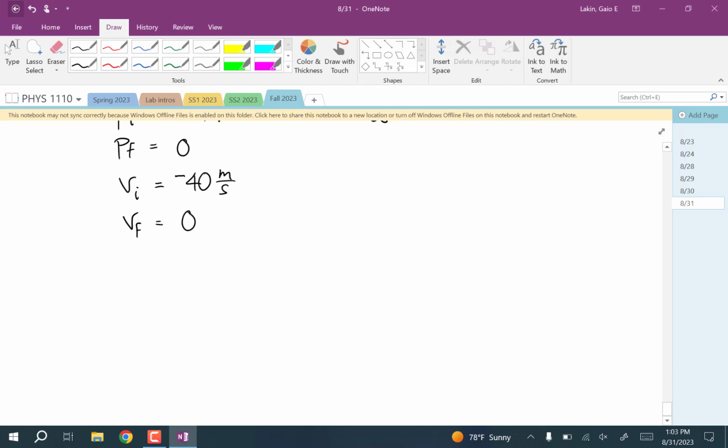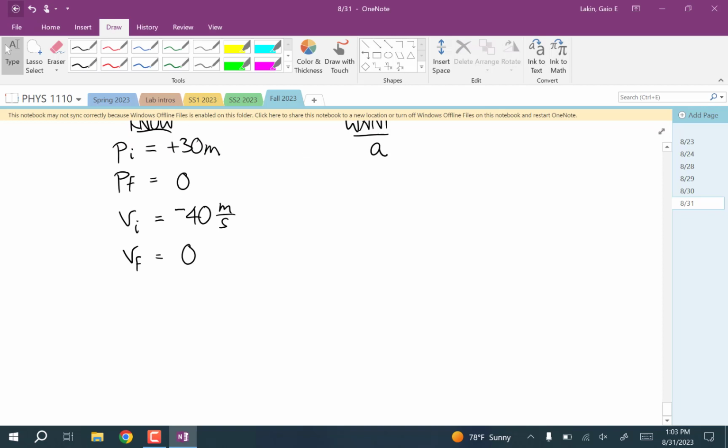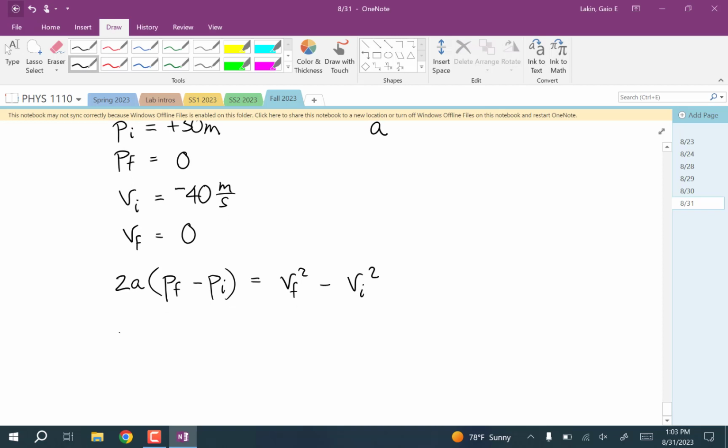Now it's the same equation as before that works to solve for this. So we're going to use 2a times the quantity pf minus pi is equal to vf squared minus vi squared. So we have 2a times 0 minus 30 is equal to 0 squared minus negative 40 squared.